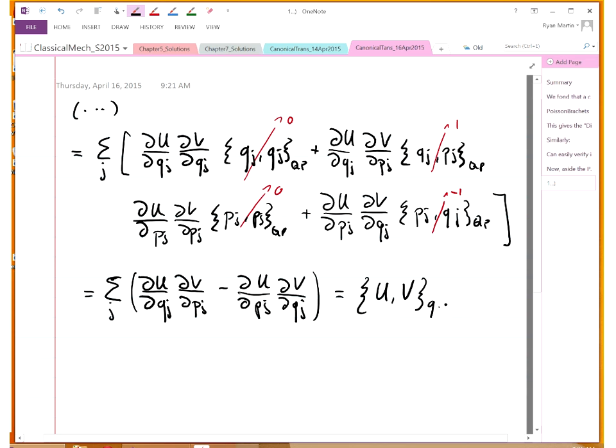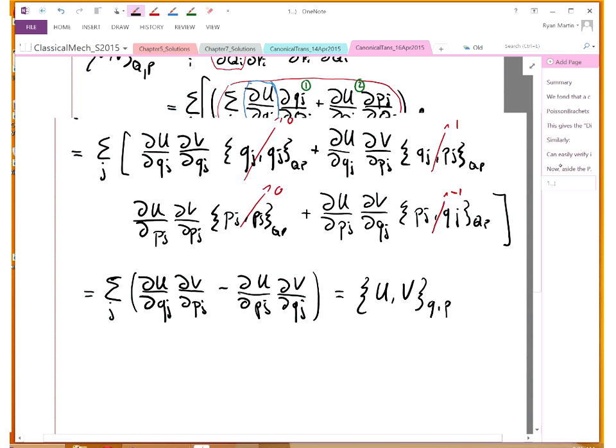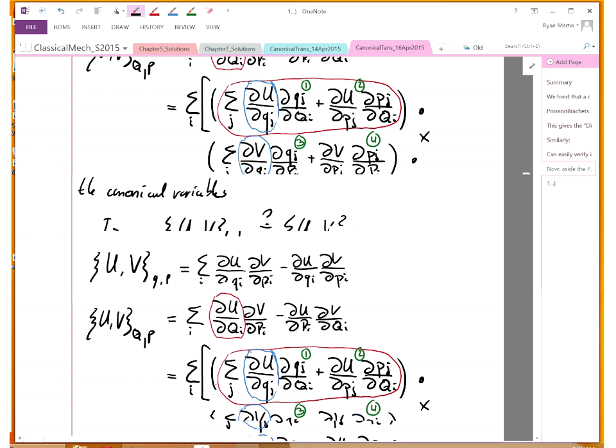Wow. Okay, now that is the Poisson bracket of u and v evaluated in the lowercase q's and p's.